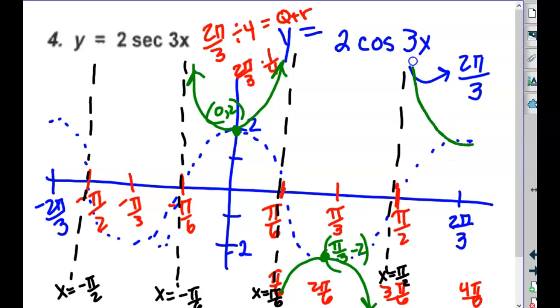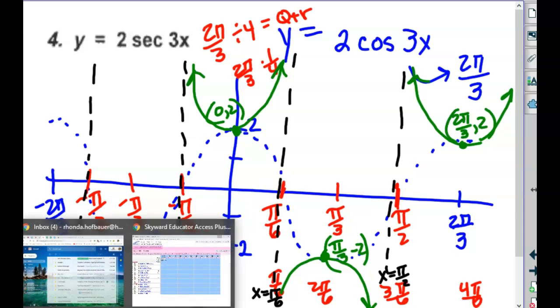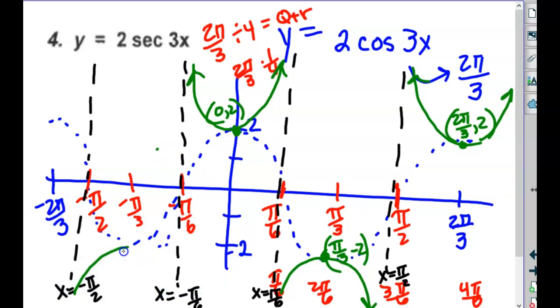This one here, I can draw the whole thing if I want, but at 2 pi over 3, it is back up at 2. There's one over here. That has a minimum at negative pi over 3, negative 2.